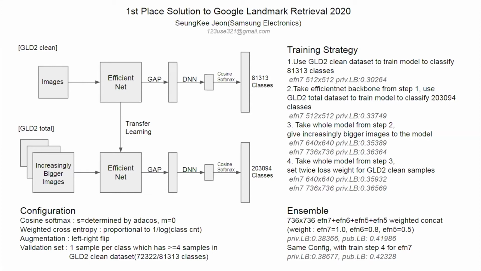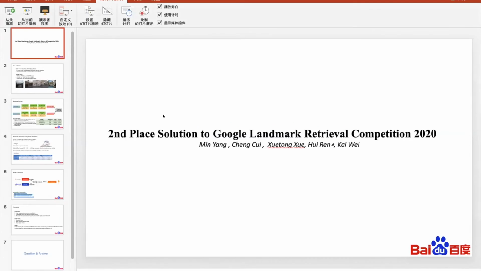And the talk will be given by Hui Ren and Xu Tongxu. Please start. Andre, or one of the co-hosts, I think you need to give the presenters rights. Okay, perfect.